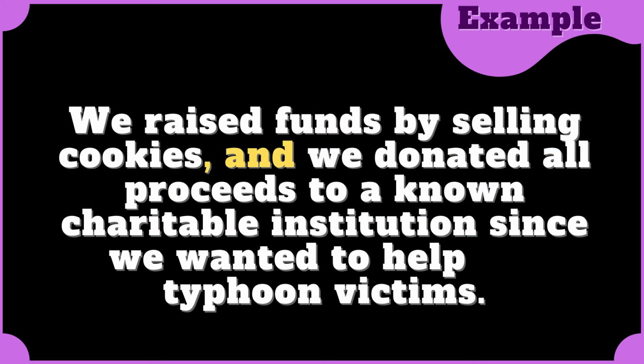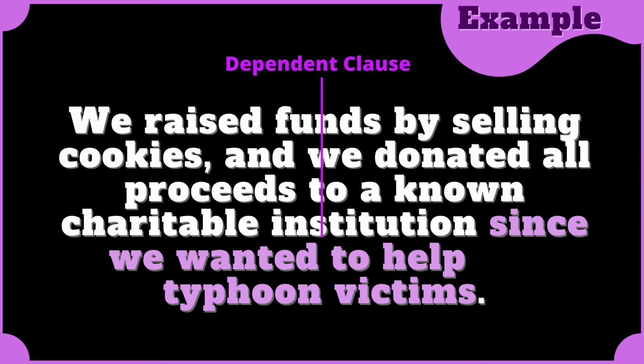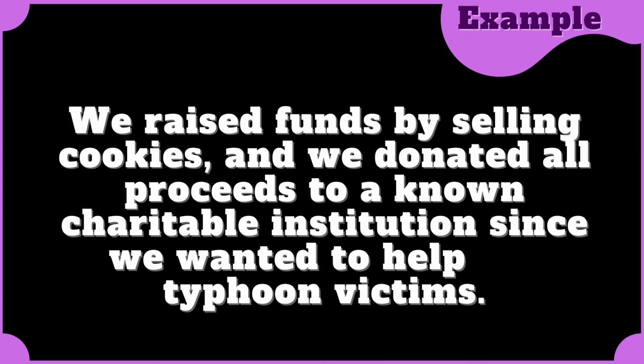They are connected by a comma and a coordinating conjunction and. They make up a compound sentence. The dependent clause, since we wanted to help the typhoon victims, is headed by the subordinating conjunction since. Added to the independent clauses mentioned earlier, this makes up a complex sentence. Therefore, this is an example of a compound complex sentence.